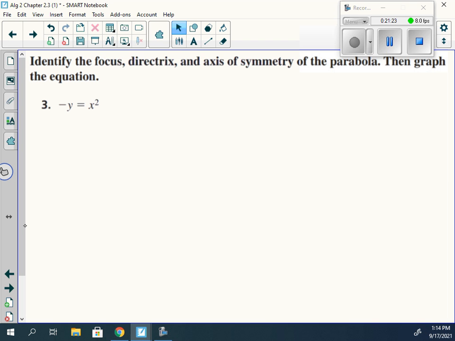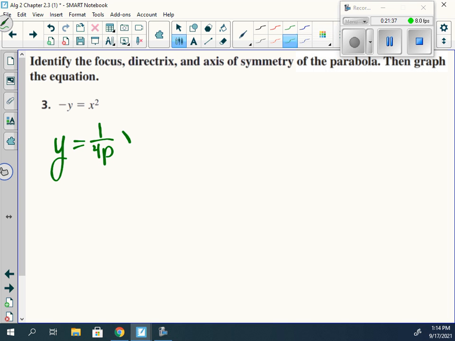Let's look at number 3. Negative y equals x squared. Well, which general equation does this match up with? y equals 1 over 4p x squared. And we can really tell because y is to the first power, we do have x squared. This is going to be the general equation.